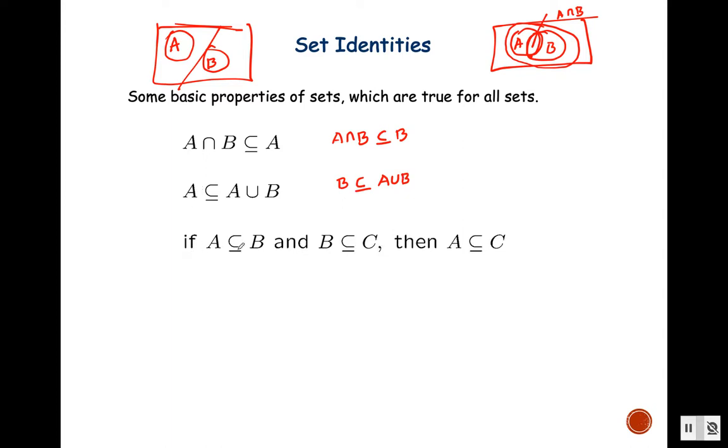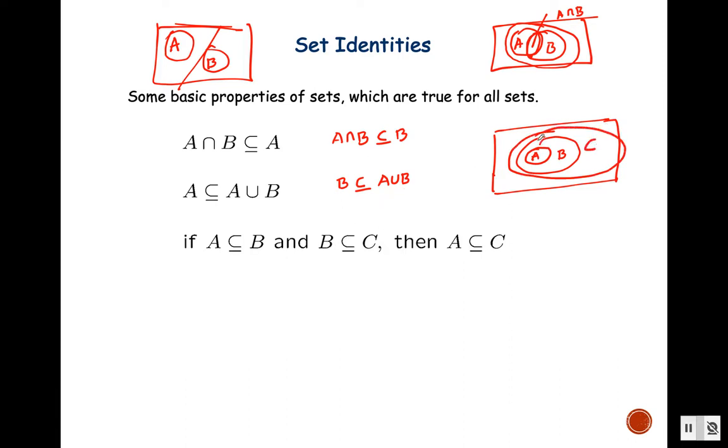If A is a subset of B and B is a subset of C, then A will be a subset of C. For that we can draw a picture like this. Let's see, A is a subset of B. That means we have B and here we have another set A. A is a subset of B means all the elements of A are also elements in B. Now we are saying that B is a subset of C, meaning there is another larger set C here.